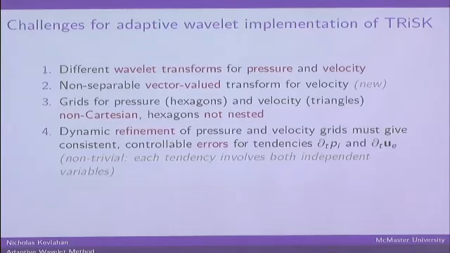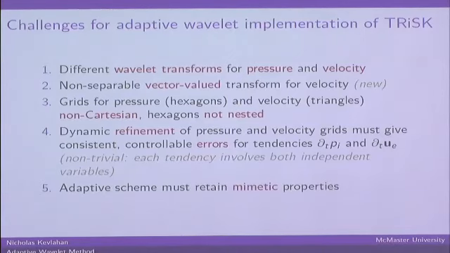And that means that we have to do some analysis to say, well, what should the tolerance be on the pressure and the velocity in order to control the tendency error? And that, again, is an extra complication from working on staggered grids. And on top of all that, we don't want to break the nice mimetic properties of the scheme. So we made life quite difficult for ourselves.